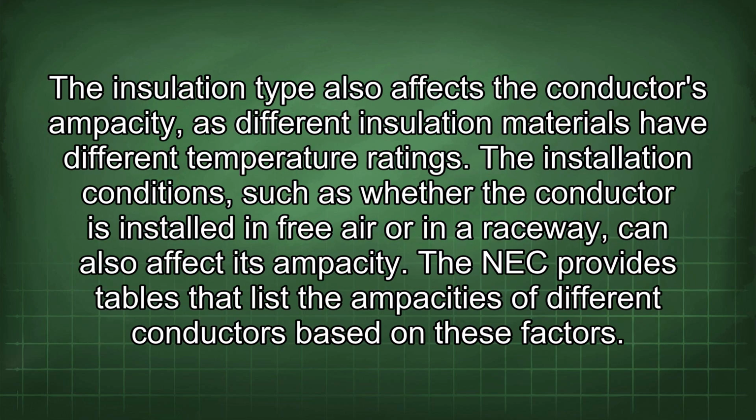The insulation type also affects the conductor's ampacity, as different insulation materials have different temperature ratings. The installation conditions, such as whether the conductor is installed in free air or in a raceway, can also affect its ampacity. The NEC provides tables that list the ampacities of different conductors based on these factors.